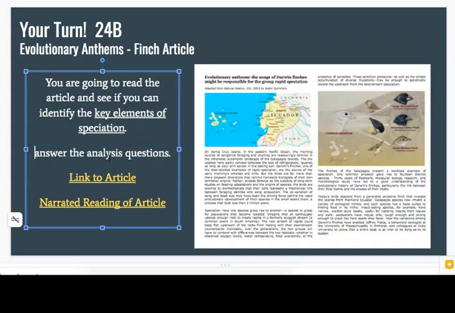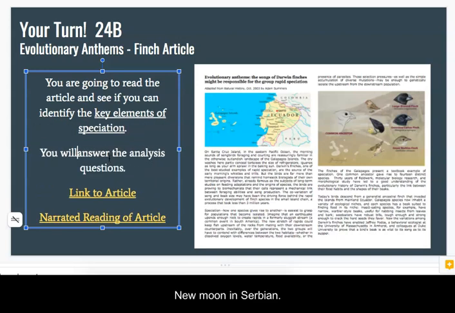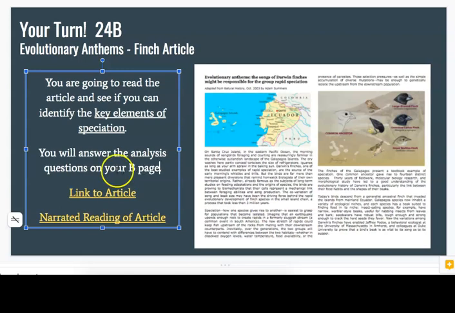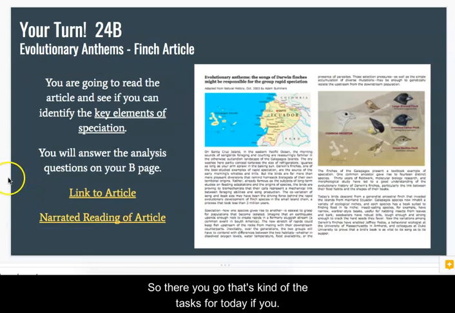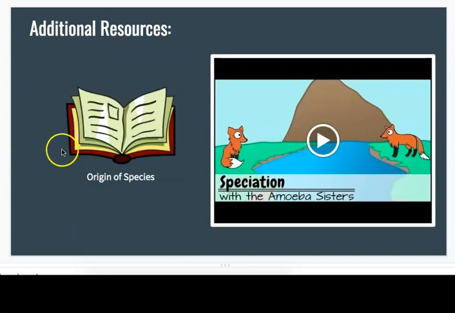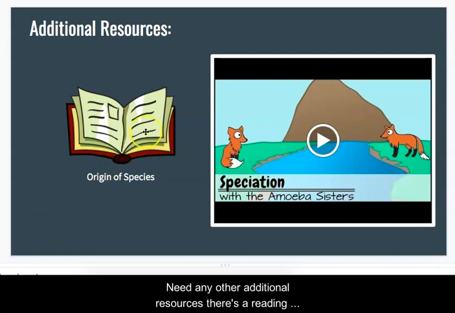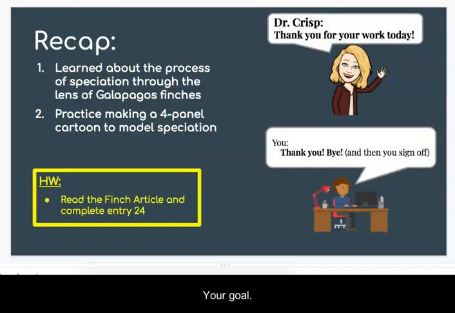And then I'm just going to put here, you will answer the analysis questions. So there you go. That's the task for today. If you need any other additional resources, there's a reading here. There's also a nice little follow-up Amoeba Sisters video on speciation that if we do have extra time in class, we will watch.